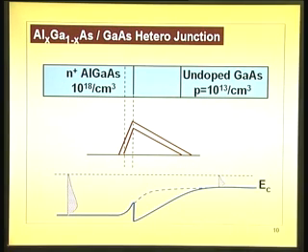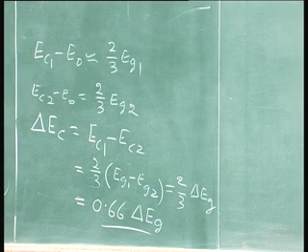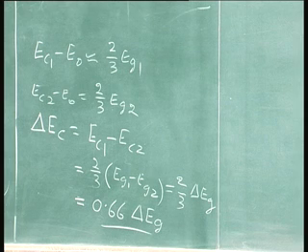So, if it is a homojunction, gallium arsenide, gallium arsenide, what would have been there? This is N plus, this is P, lightly doped. Okay. If I have that, what would have been the energy band diagram? N plus, P minus, lightly doped.